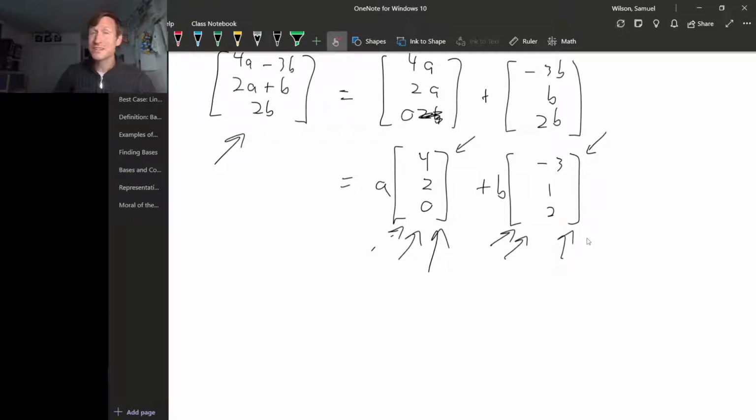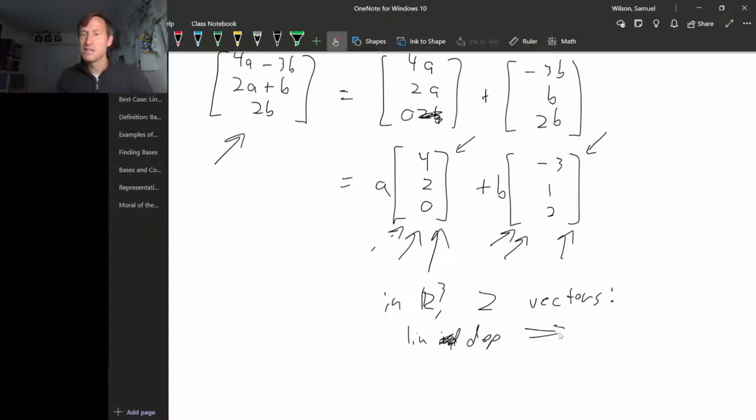For this particular example, since we're in R3 and we only have 2 vectors, we can actually simplify this question, because in any Euclidean space, if you only have 2 vectors, they're linearly dependent if and only if one is a multiple of the other.